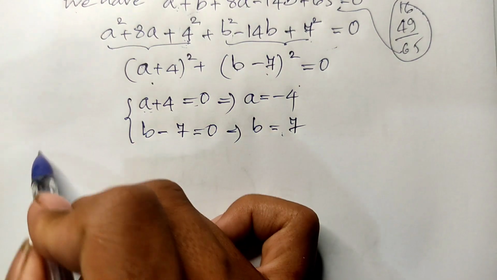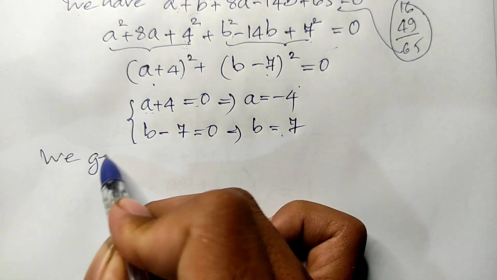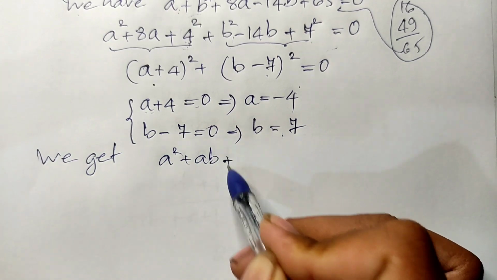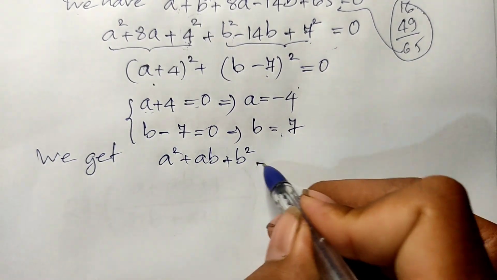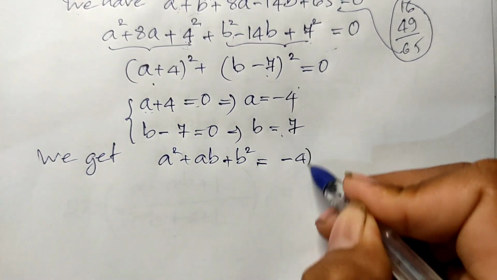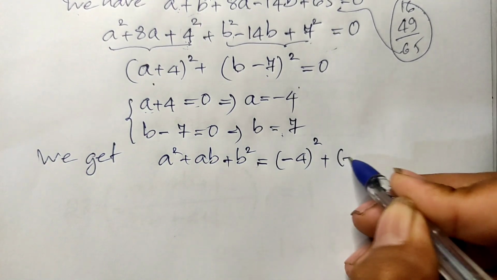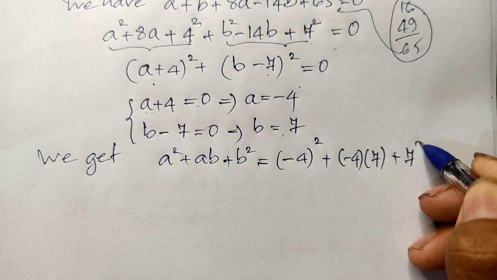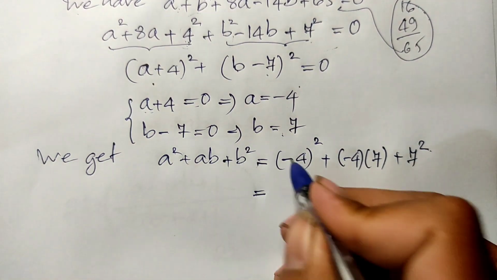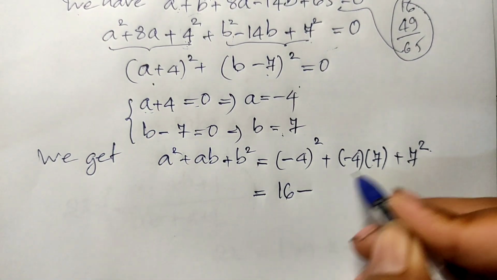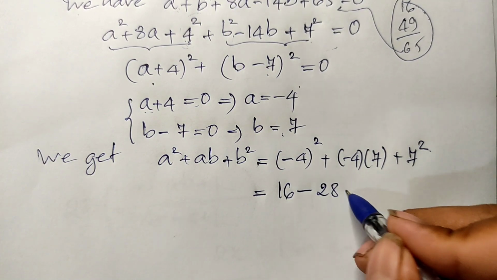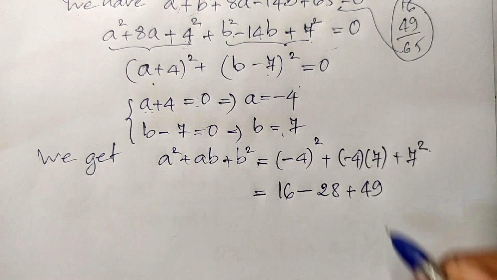So we get a squared plus ab plus b squared equals minus 4 squared plus minus 4 multiplied by 7 plus 7 squared. And it equals 16 minus 28 plus 49.